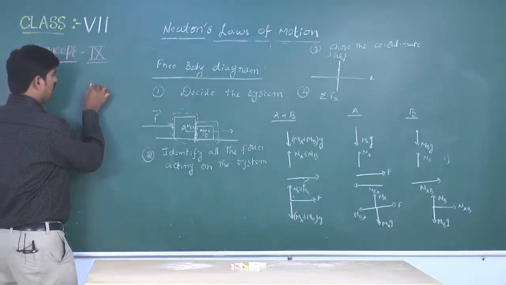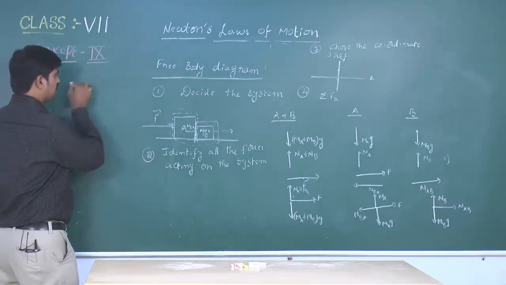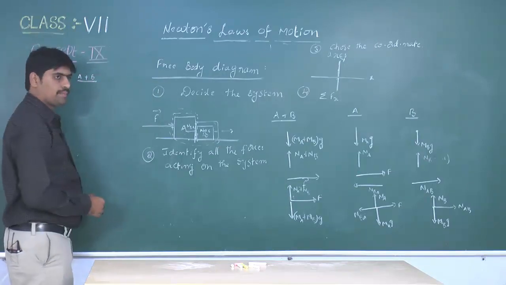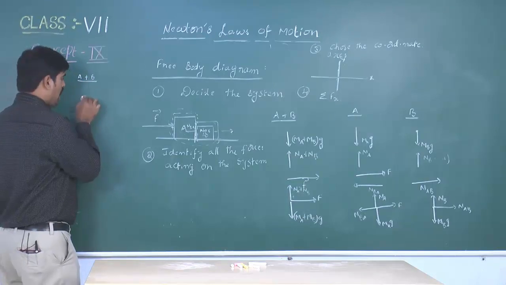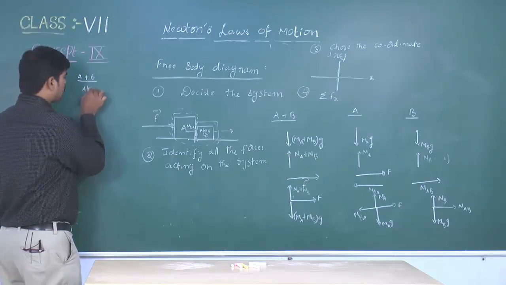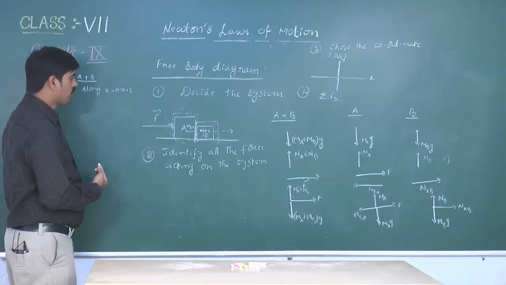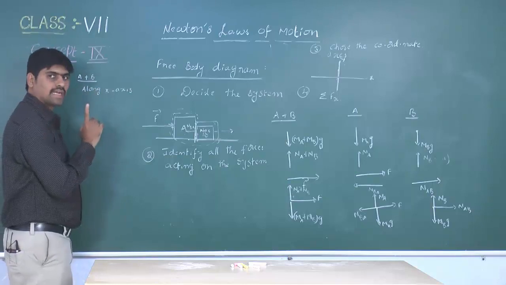Now, see here, A plus B acting as a system, along the x-axis direction, how many forces are acting? Only one force acting.